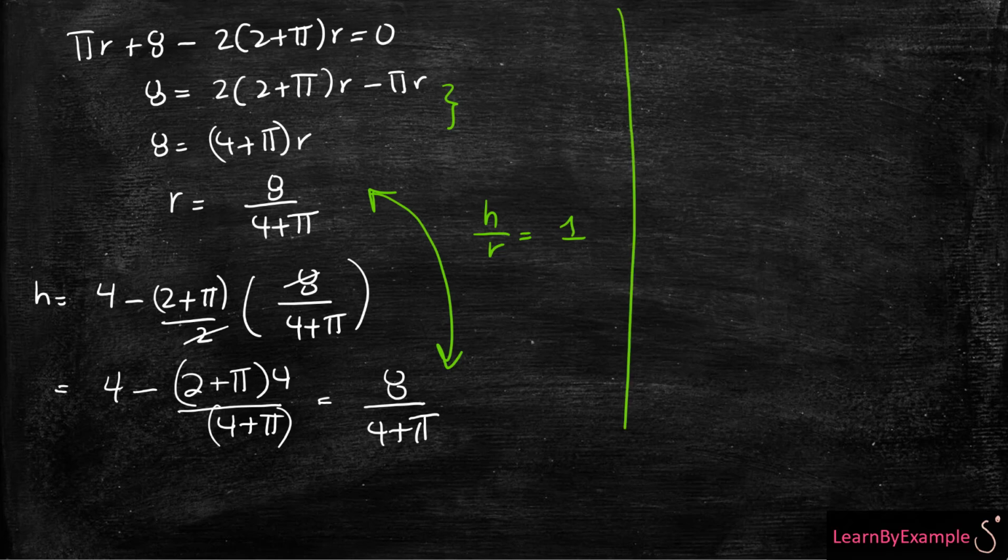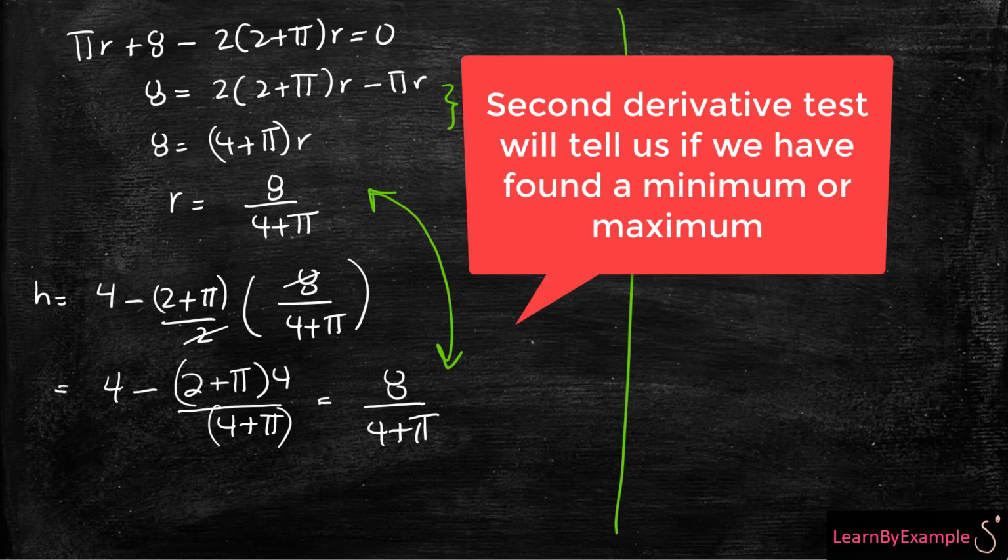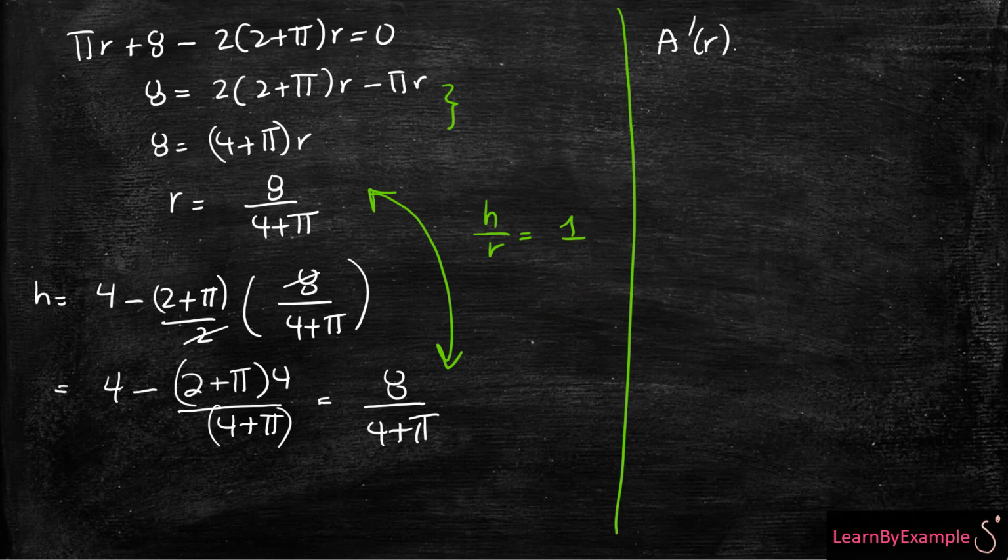But is it true that what we found here is the most sunlight? So how do we know if it's the most? You have to take the second derivative, right? So let's do that together. So if we know that A prime of r is equal to pi r plus 8 minus 2 into (2 plus pi) r, your A double prime of r is just going to be pi, right? 1 times pi is pi, and then 1 minus 1 is 0.